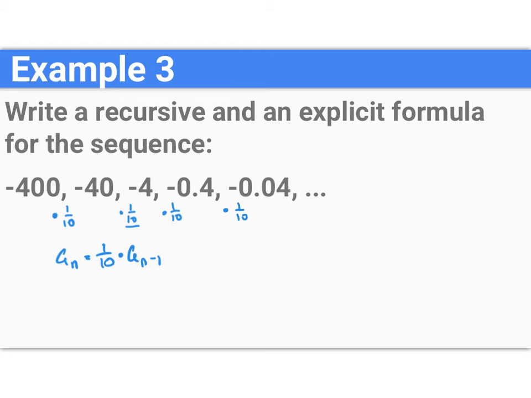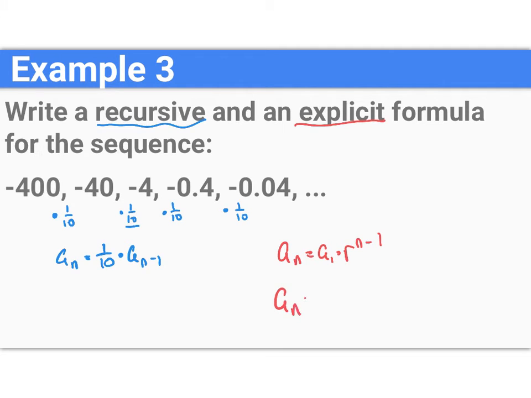In our explicit formula, we need the first term. Recursive is in blue, and our explicit will be in red. A sub n equals A1 times r to the n minus 1.